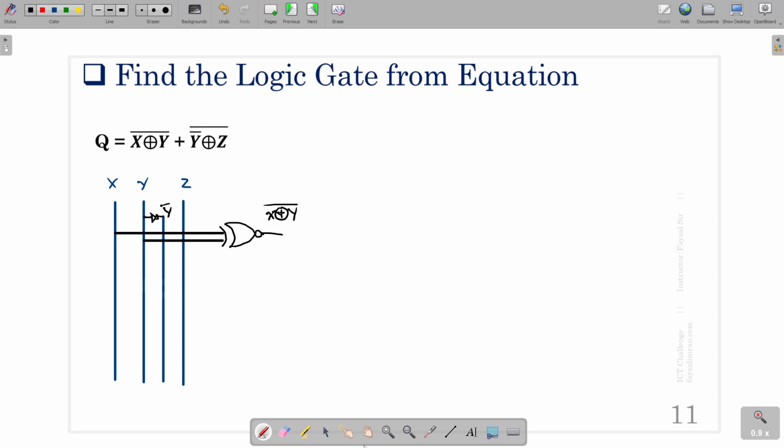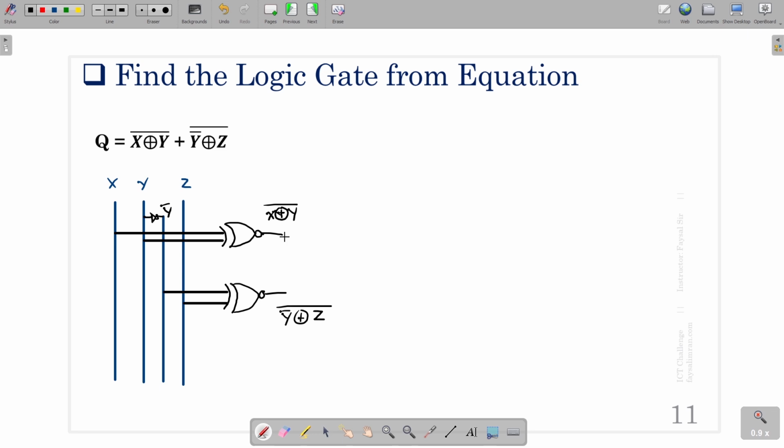So that means we need y bar, so this line comes from y bar. Okay, and we need z, so we write here z. After that we have to XNOR those values. So we place here an XNOR gate, and we will get y bar XOR z whole bar.